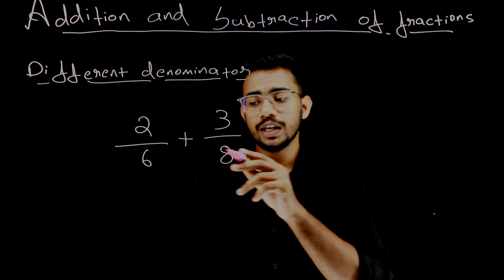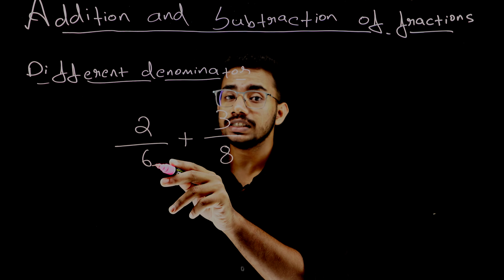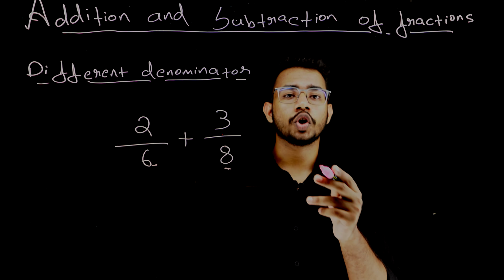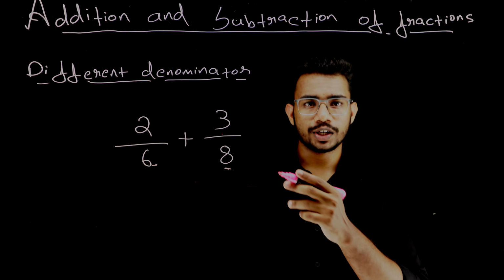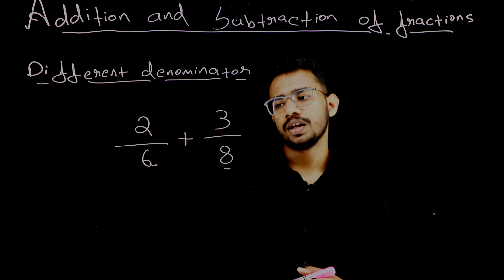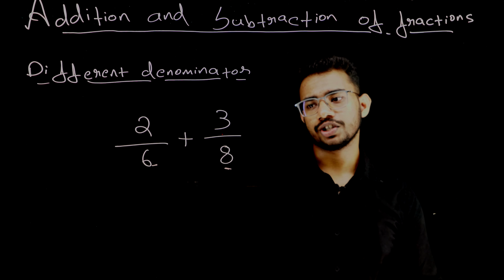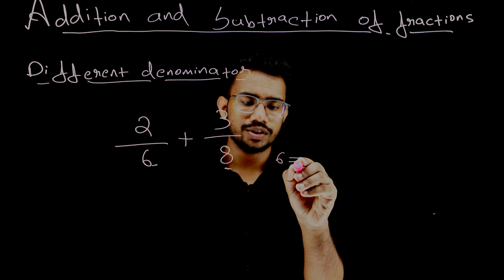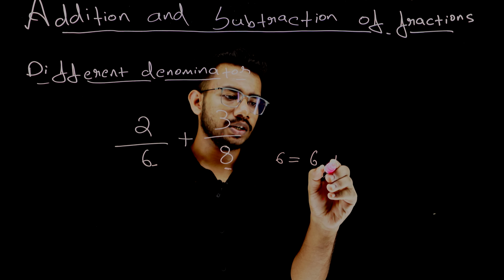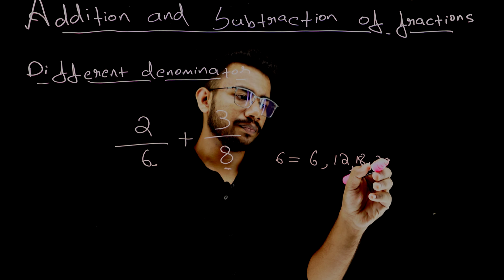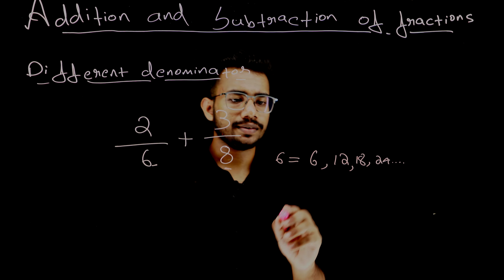For that we need to find the LCM of 6 and 8. LCM means lowest common multiple, and even if you don't know, let's see how LCM is found. Let's write the multiplication tables of 6 and 8. 6 is 6, 12, 18, 24, and it keeps going like that.